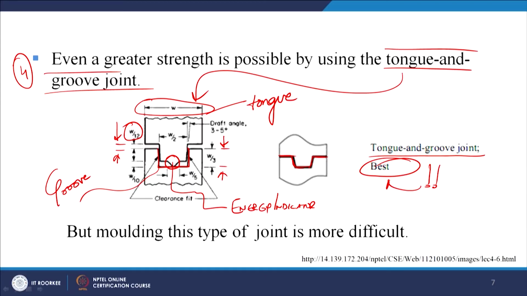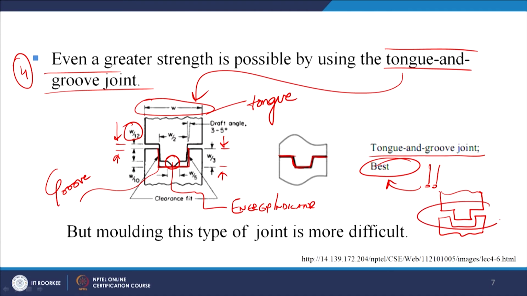So, the tongue and groove joint gives us even better strength as compared to the previous joint, which was the step joint. This is the tongue and groove joint, which most of the time is called the best joint for joining two plastic parts together using the ultrasonic welding technique. But molding this type of joint is a little bit difficult, because initially we need to make this part and the corresponding part which have to be joined together.